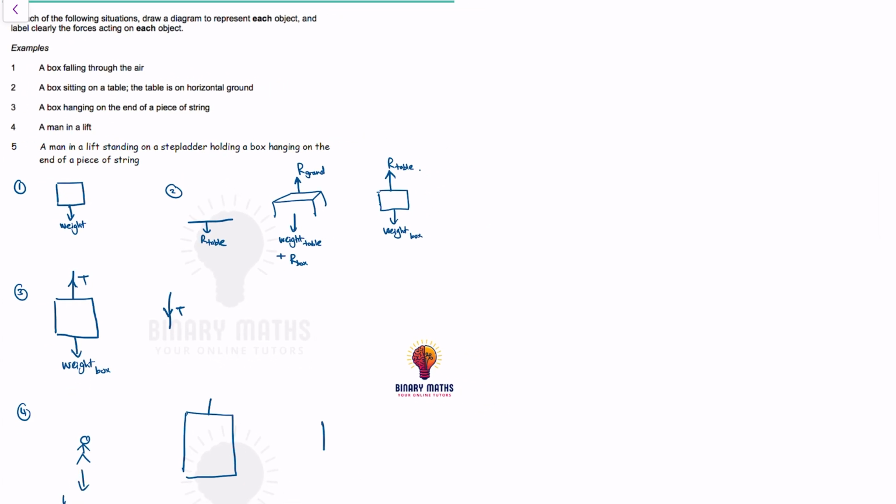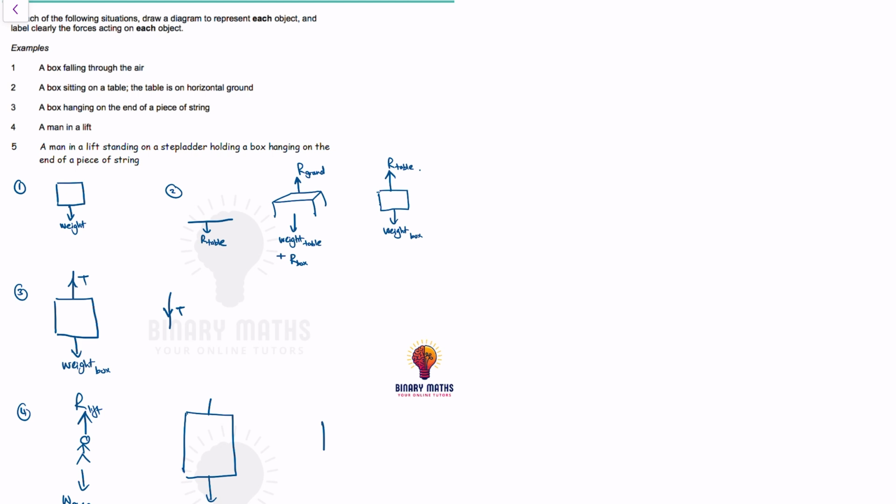The man feels the weight of the man pulling him down, and the reaction force, so the lift pushing him up, the reaction force from the lift. The lift feels its own weight, let's call it W, weight of lift.